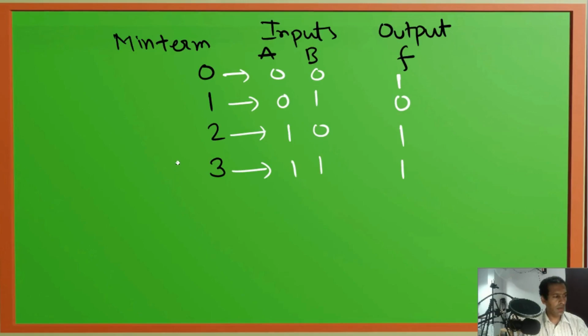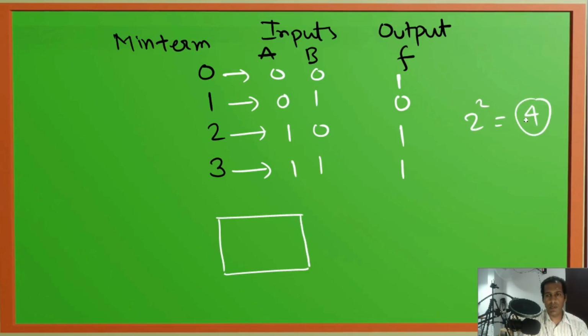Now we have seen how to make the mapping of an SOP expression. Mapping we can do by a simple 2 by 2 matrix, because as per the 2 to the power 2 formula we can have 4 squares. These 4 squares will represent the 2 variable K-map table. We have 2 variables, this side we'll keep A, this side it will be B. This will represent 0, 1, and 0, 1.